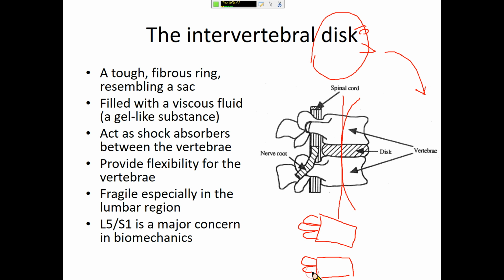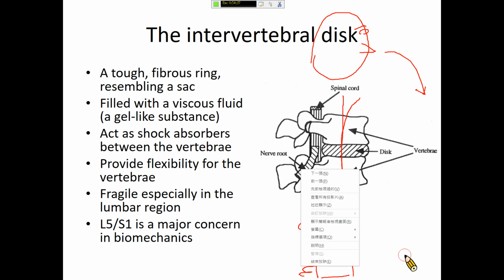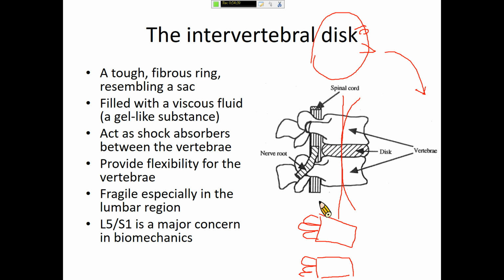The three processes: nerve, the disc. So what happened?